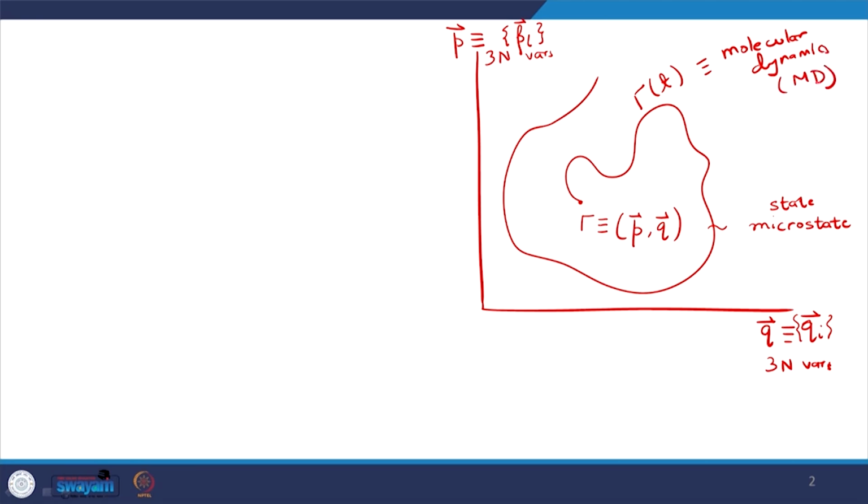So although I have drawn the trajectory here, we should not confuse this with the actual motion. I am not saying that the molecules are moving in this way or the system is moving in this way. This is a trajectory in a phase space that is formed by the momenta and the coordinates, right? So it is not very intuitive to look at the shape of the trajectory and make any clear inference from there.